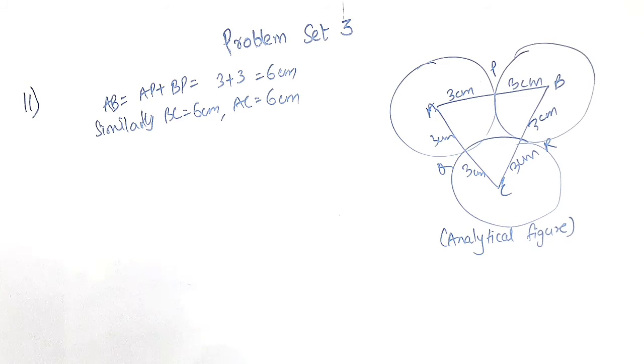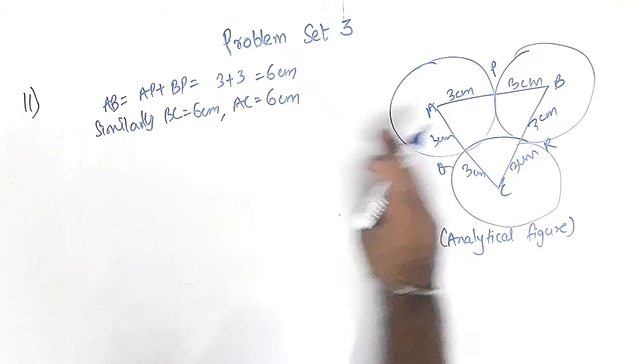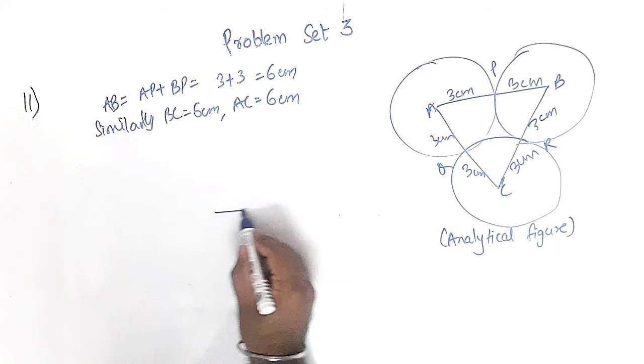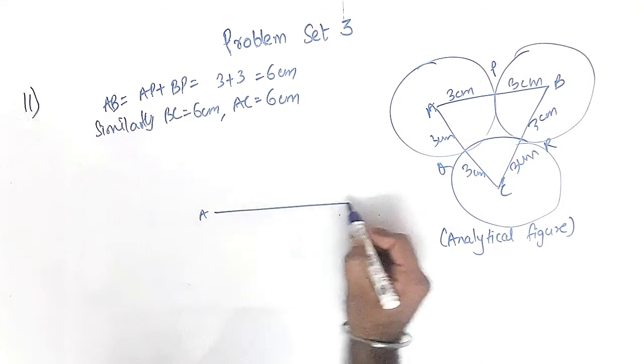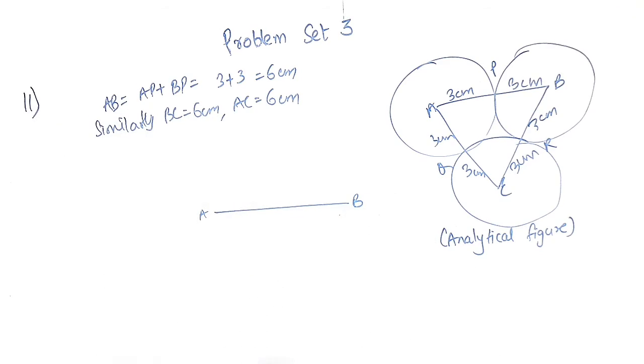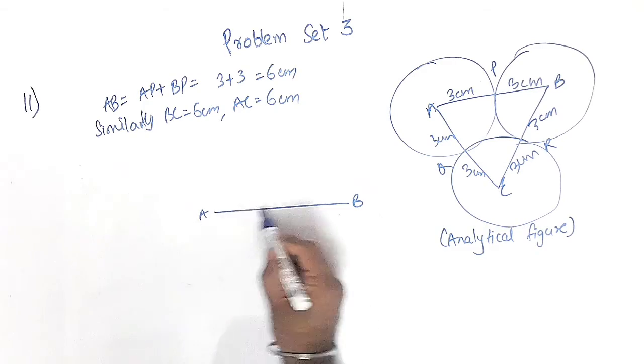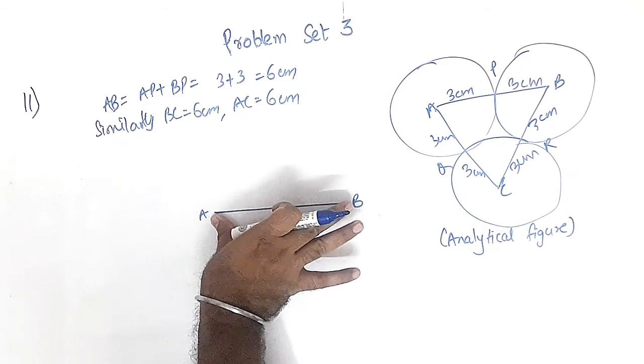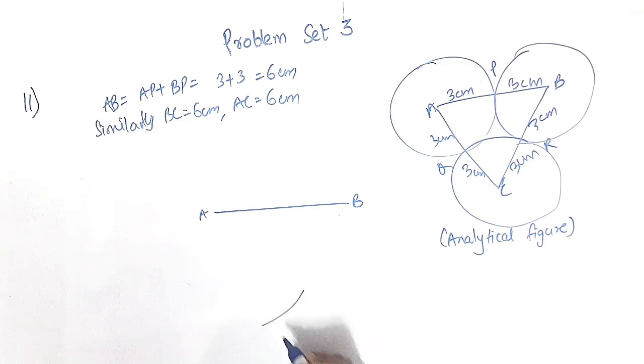So what you will do first fundamentally is draw the equilateral triangle. I'm first drawing this AB of 6 centimeter. This is an equilateral triangle. You will draw AB of 6 centimeter. Then take AB on the rounder, put the center here, put the pencil here, draw the arc.